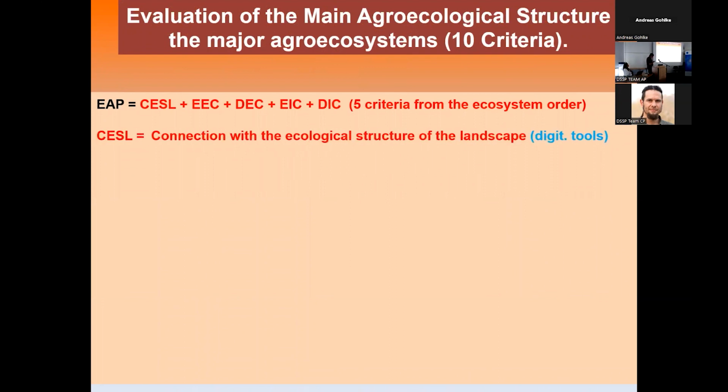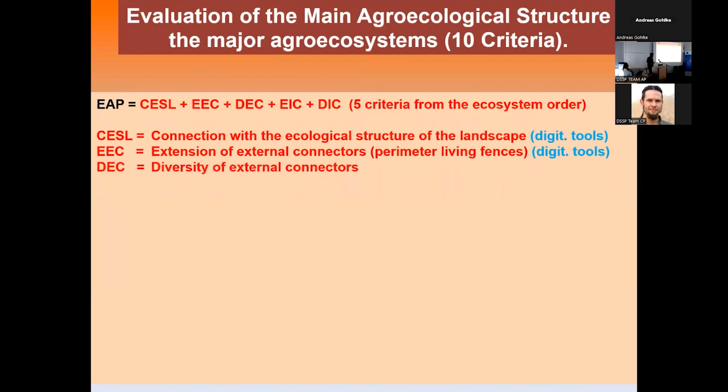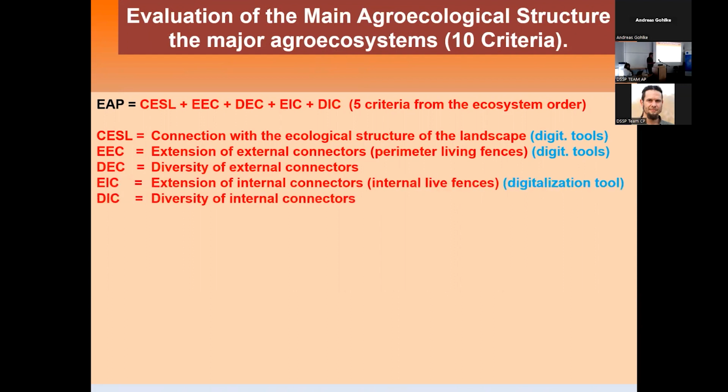The first 5 criteria are ecological, ecosystemic criteria: the connection with the ecological structure of the landscape, extension of external connectors, perimeter, living fences, diversity of external connectors, and extension and diversity of internal corridors, fences, and so on. In those, we utilize digital tools to measure these criteria.